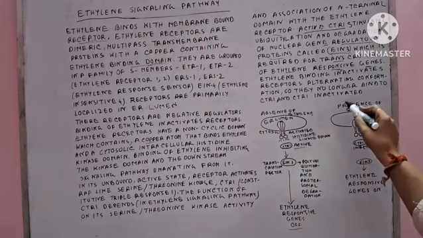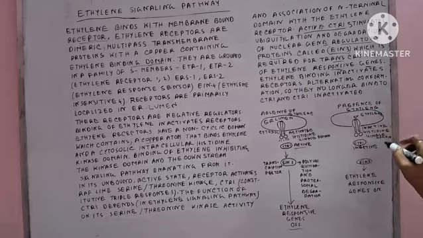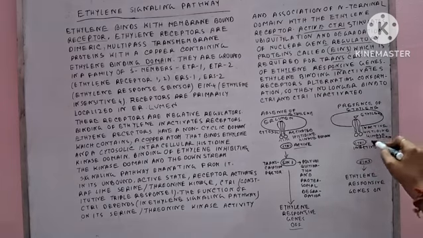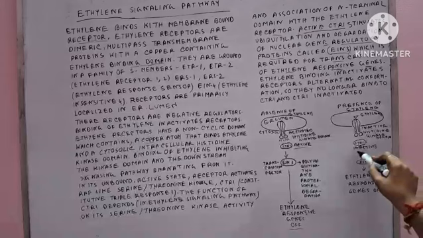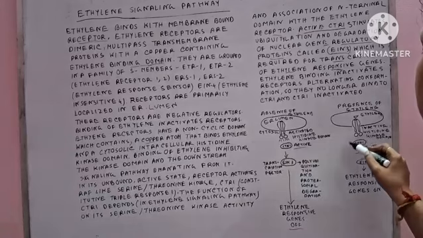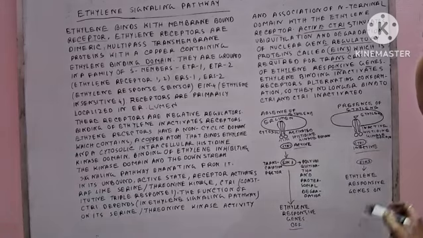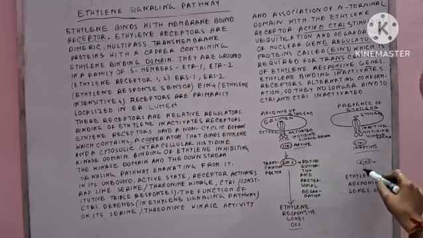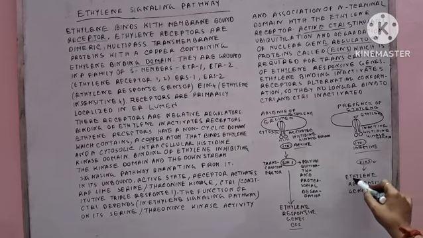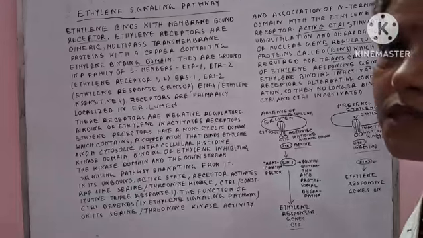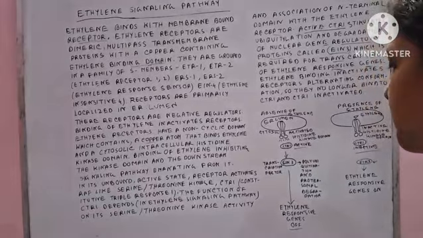But when ethylene is present, the histidine kinase domain becomes inactivated, so CTR1 is also inactive, and then EIN3 helps in the activation of ethylene responsive genes. So transcription is occurring.